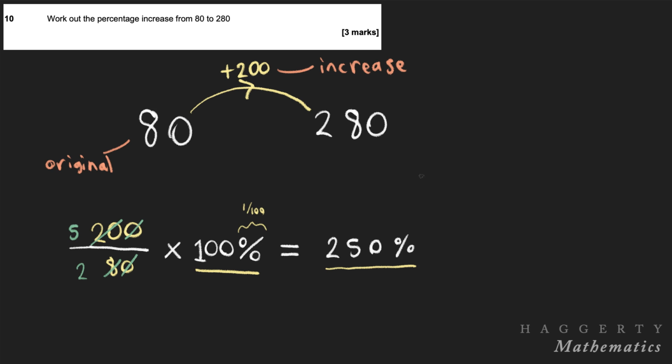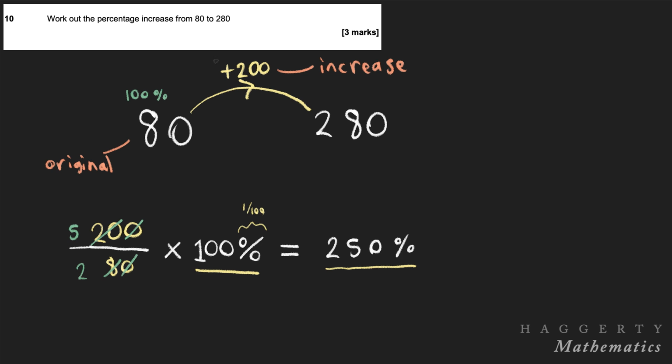So yeah, put another way, the increase, which is 200, is equivalent to 250% of 80. If you took 250% of 80, you would have 200, and that's being added on to give you 280. What I like to do is write the percentages just slightly above these numbers. So 80 is 100% of itself.